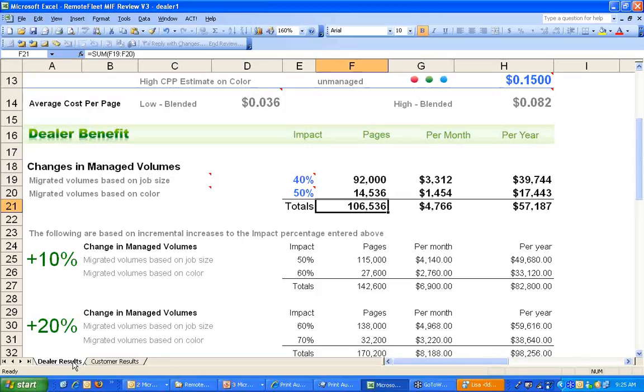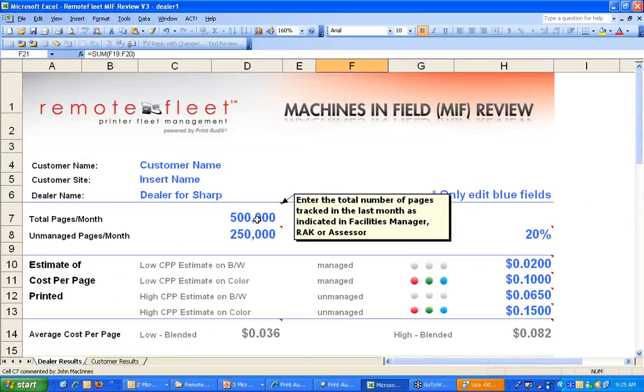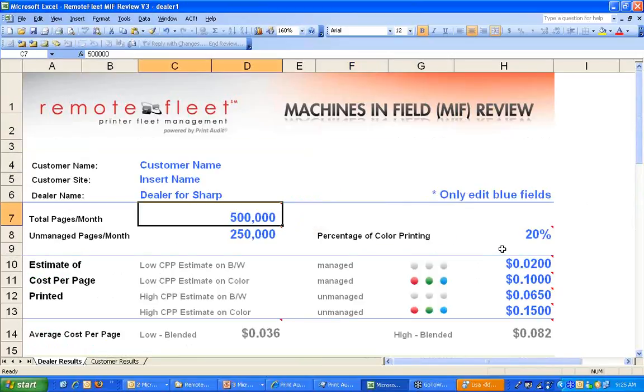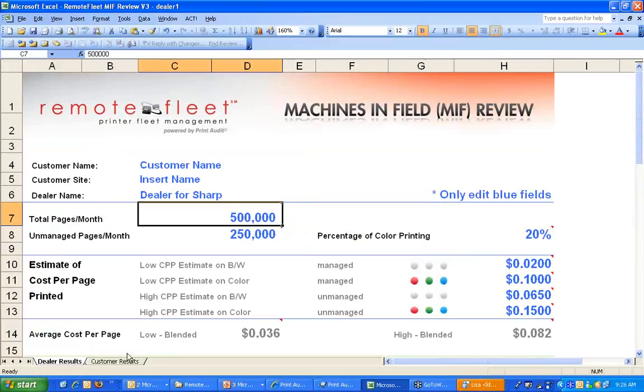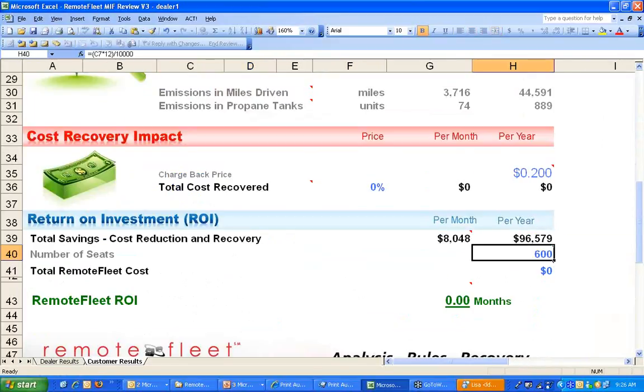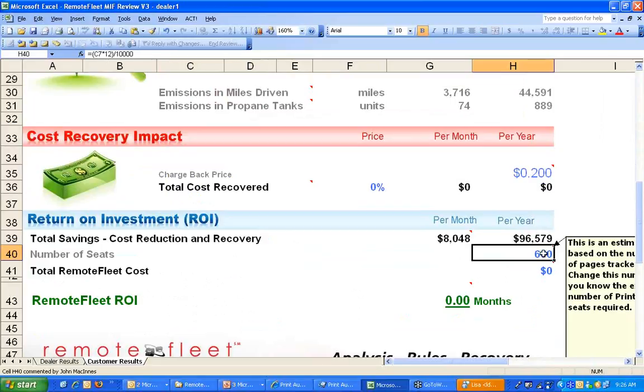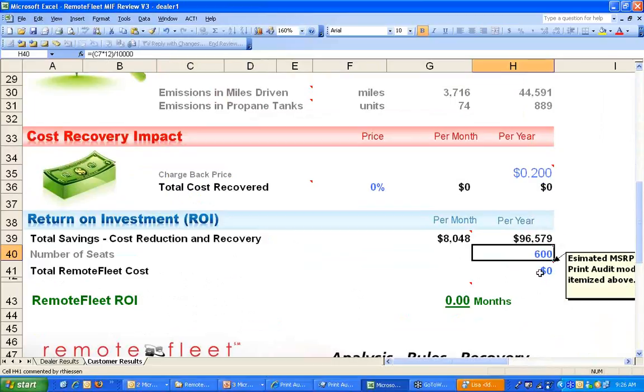Where I get that number from is that Gartner estimates each employee produces roughly 10,000 pages a year. There's a calculation involved with extrapolating the total number of employees based on the total number of pages being produced each month, and that extrapolation turns up here. You could adjust this on the spreadsheet to show a different number if you know the exact figure, but this is just a great way to guesstimate the number of seats you're going to require.